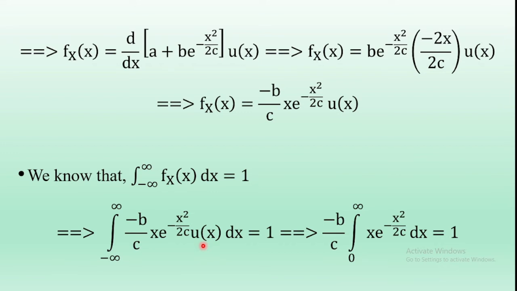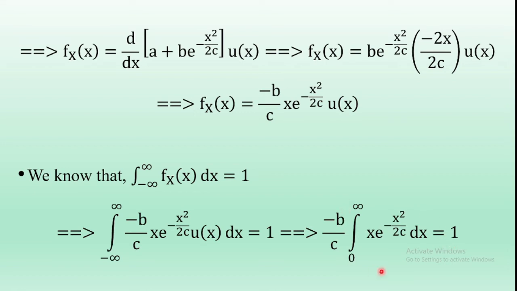When you apply the definition of the unit step function, the range of x is 0 to infinity. So minus b by c is the constant written before the integration. Now the range of x is 0 to infinity: integral 0 to infinity of x into e power minus x square by 2c dx is equal to 1.